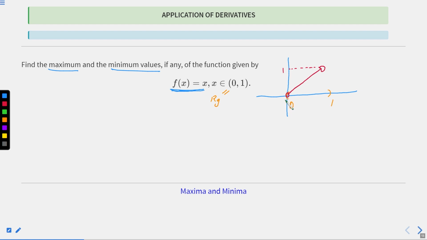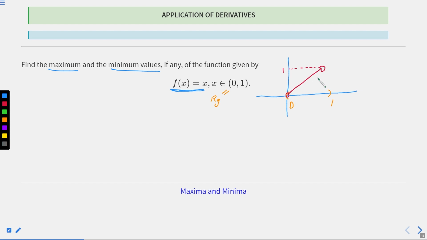No, it is not. Try to recall the definition. What is the definition trying to say? First of all, why am I saying there is no maximum and no minimum value?